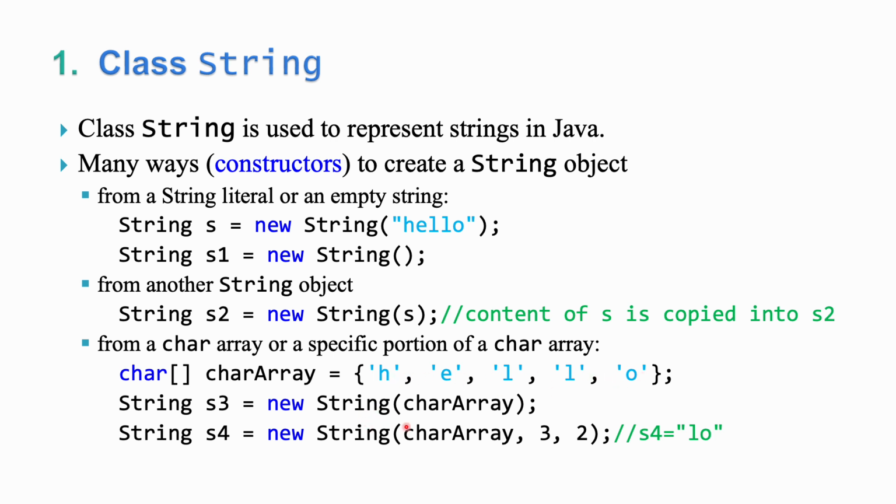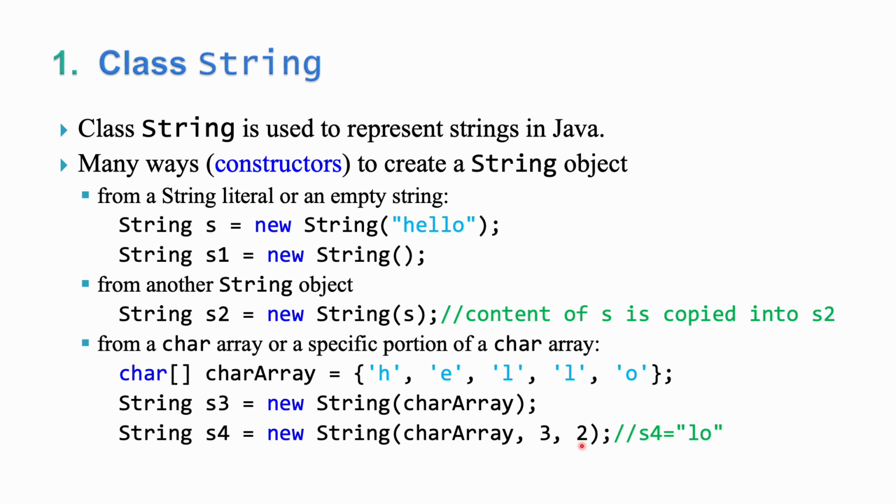If you want to use only a portion of a char array, then you need to specify two more arguments in the constructor. The first extra argument, which is the second argument after the char array name, specifies the index in the char array where the portion starts. The second extra argument specifies the number of characters in the portion.